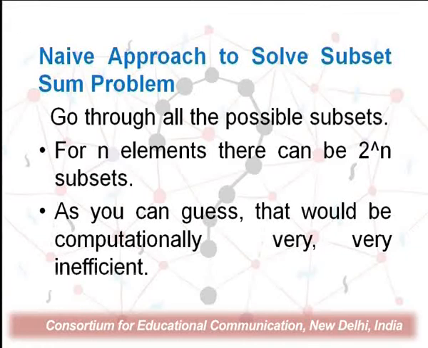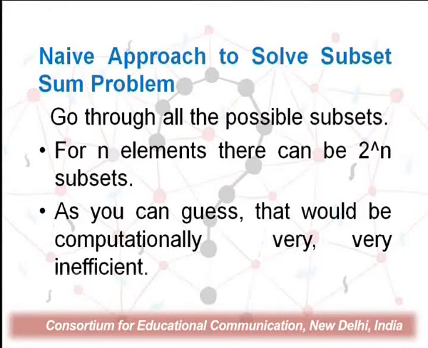So for n elements, there can be 2 to the power n subsets. So the total complexity of our brute force approach will be n into 2 to the power n, in which we will be going through all possible subsets.